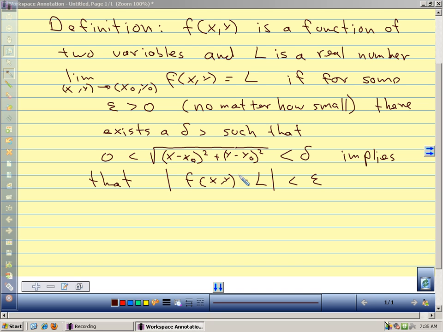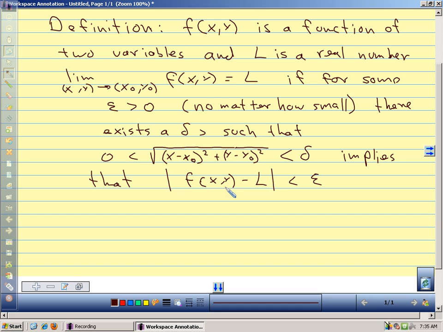So if we get close to a specific value in our domain, we should get close to our limit in our range. And this epsilon greater than 0, no matter how small, says no matter how close we want our function value to be to our limit, we can find some domain value close to some specific value that guarantees us that we're that close.